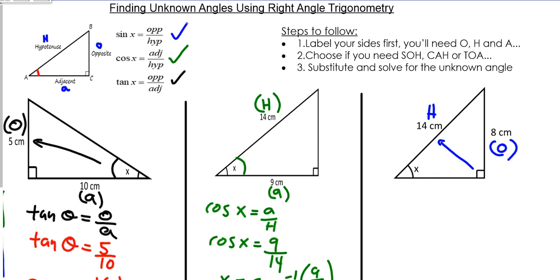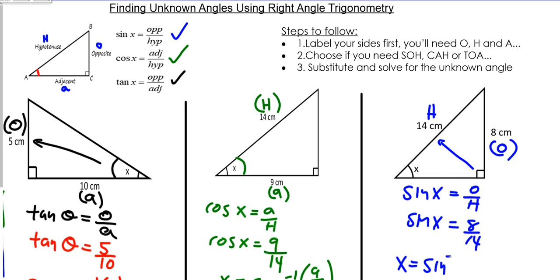So let's write down our rule. Sine of x equals the opposite over hypotenuse. Substitute. Sine of x equals 8 over 14. Rearrange, so x equals the inverse sine of 8 over 14.